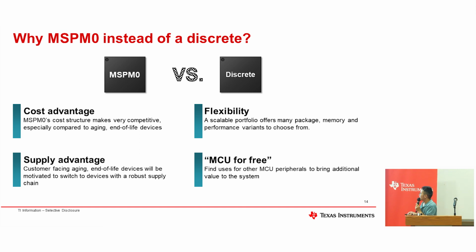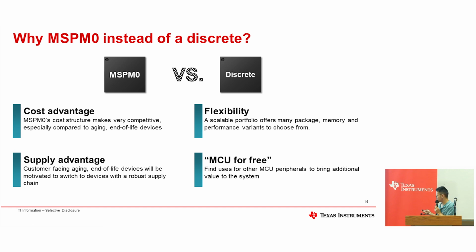Here is a special use case of our device: you can use it to replace the discrete components in your old designs. Why can our device do this? First, as I have mentioned, we have cut down our production cost, so we can provide a lower price for you.